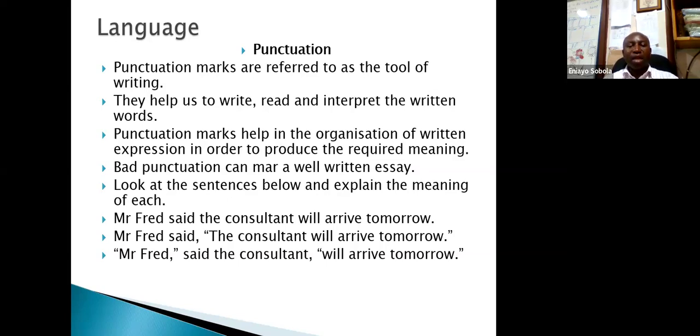So when you are writing, you realize that it's crucial that you apply appropriate marks of punctuation. When you end the sentence, we expect you to insert either a full stop, exclamation mark, or a question mark to show that an idea has been stated.